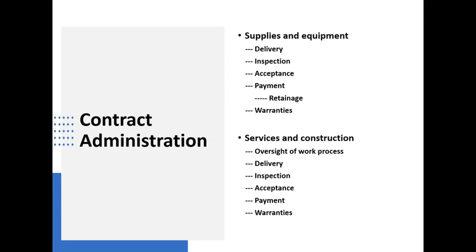But then delivery of the services and inspection of whether the delivery is satisfactory leads to the question of whether the purchase involves acceptance and payment. And then again, in some certain circumstances, there will be warranties associated with those services or construction activities.